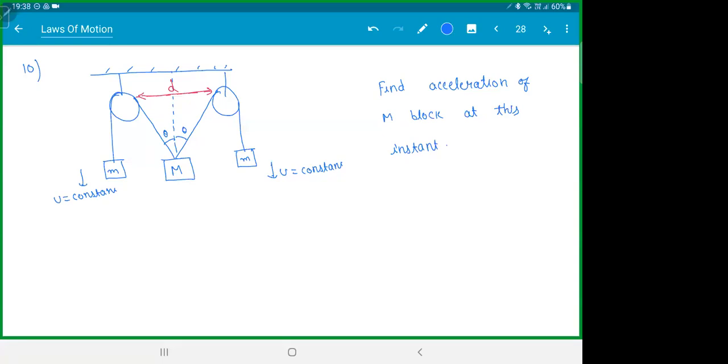U by cos. I asked you acceleration, everyone. Why are you guys finding velocities? Velocity you have to find, but I didn't ask you for that. Find the acceleration of the middle block at this instant. Velocity is a part of the game.